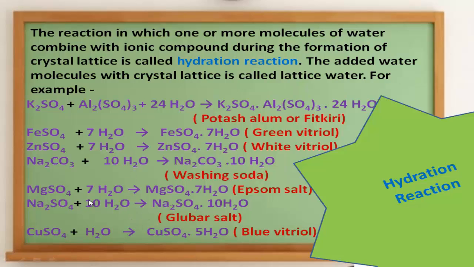You have to memorize these formulas, and also the name of each chemical compound and the definition. This is very important for the exam also. So this is the hydration reaction where water molecules directly combine with the compound, and do not form products that change the water molecules.